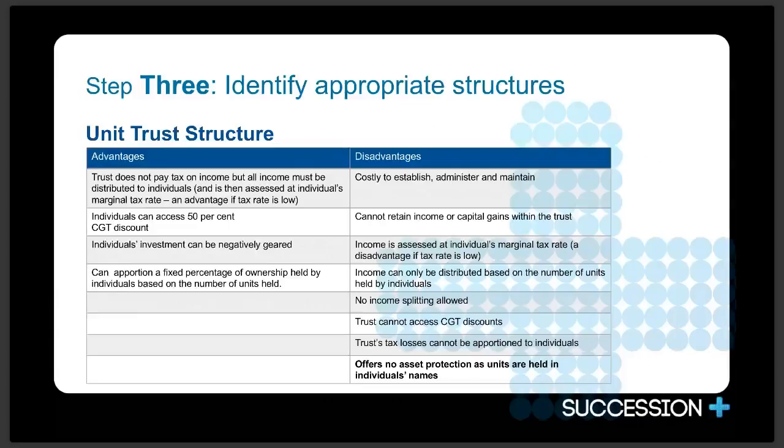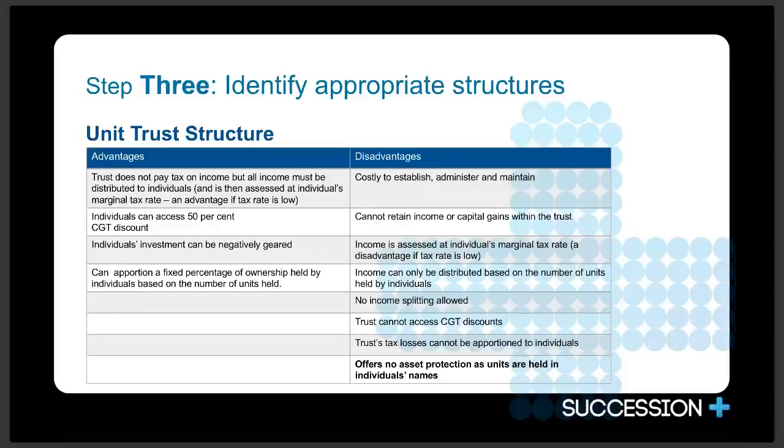On the other side, though, in terms of disadvantages, they are a little bit more costly and expensive to manage, establish and maintain. It is difficult to retain income or capital gains within the trust. So unlike a company where we can retain our profits for future investment, we can't do that in there. If the units are held by an individual, we've got some issues around income splitting, and we've got to distribute that out.